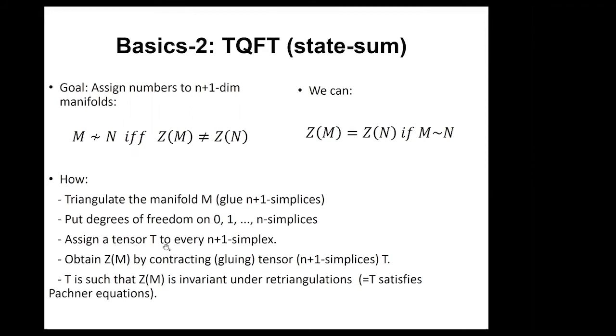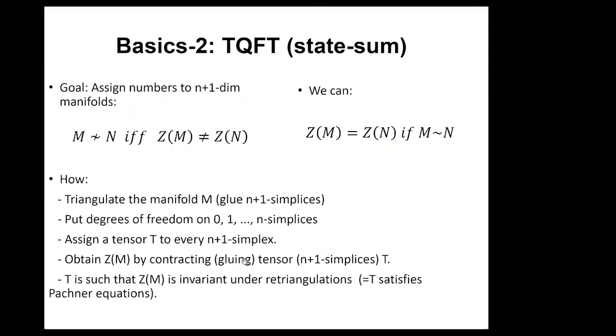The tensor T has these degrees of freedom as variables, and when they are fixed, it's a complex number. Then we obtain the partition function, this number Z_M, by contracting these tensors. At the tensor level it is contracting; at the manifold level it corresponds to gluing.